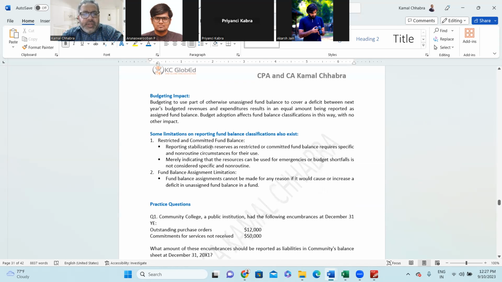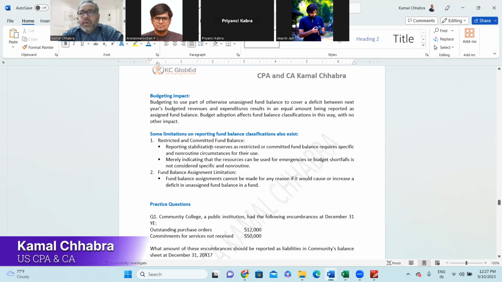Budgeting impact: budget to use part of otherwise unassigned fund balance to cover the deficit between next year budget revenue and expense. Once again, budgeting revenue is being used as a part of unassigned fund balance to cover the deficit between next year budget revenue and the expenditure, and an equal amount is being reported as assigned fund balance.